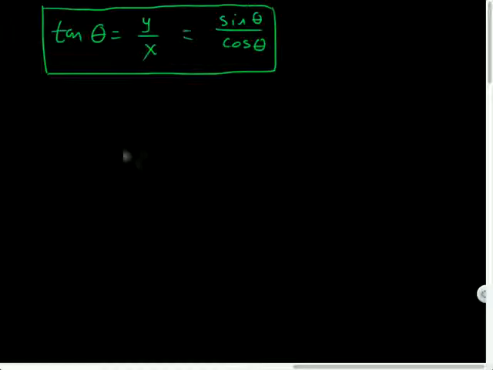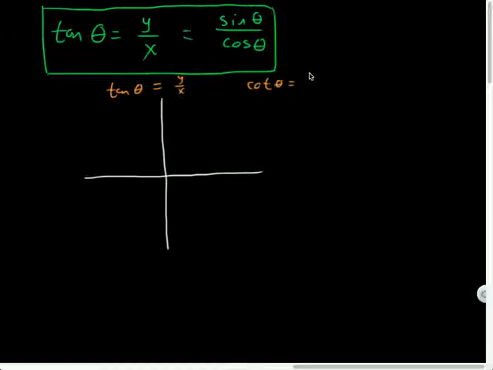So if I want to figure out the signs of tan theta in its quadrants, for tangent and actually cotangent, right? Tan theta is y over x, cotangent theta is x over y.